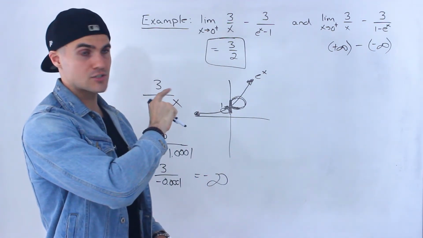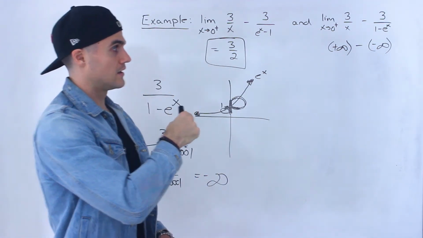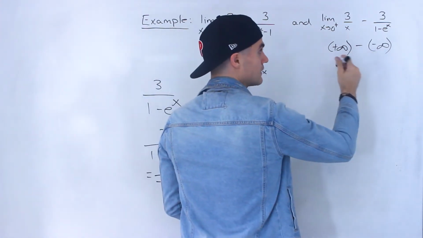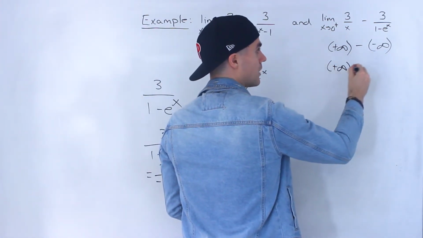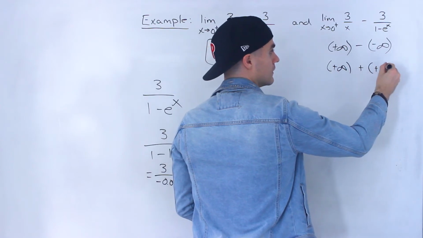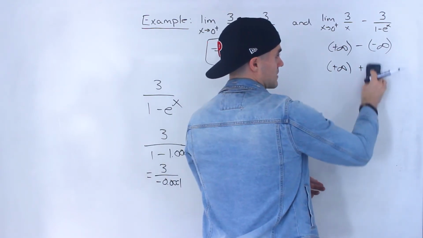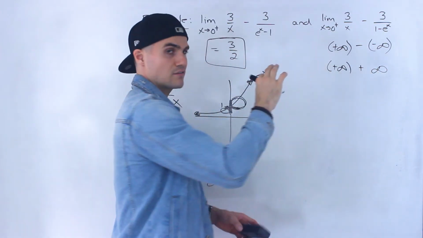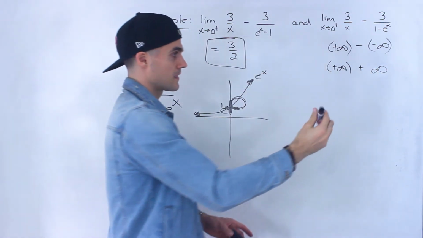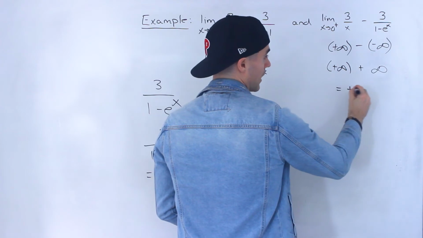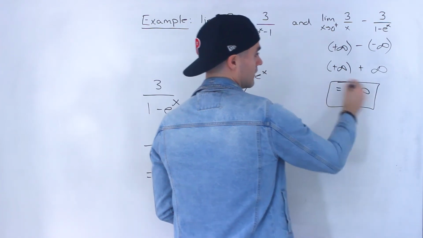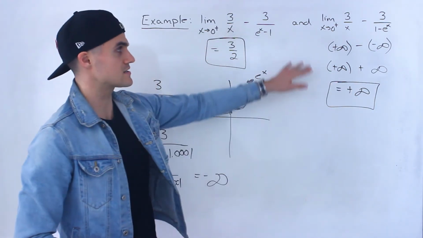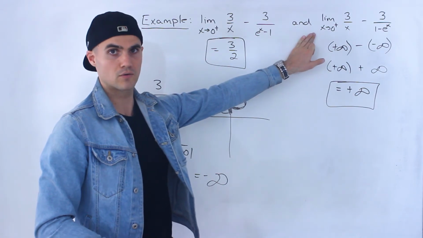That's not an indeterminate difference, because these two negatives turn into a positive. Like that. And then positive infinity plus infinity would give us positive infinity. And so that's the answer for that limit right there.